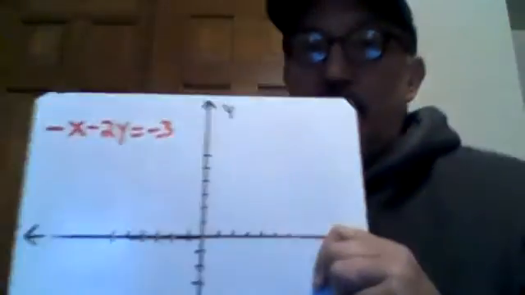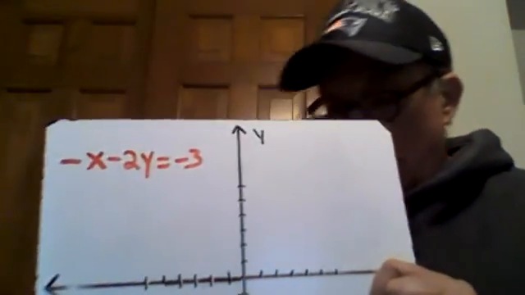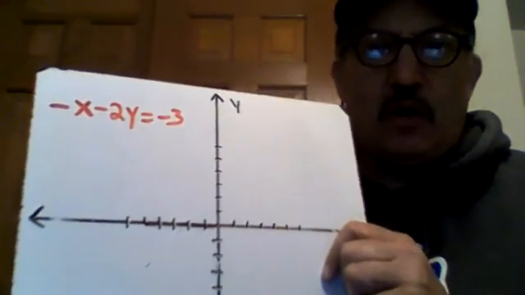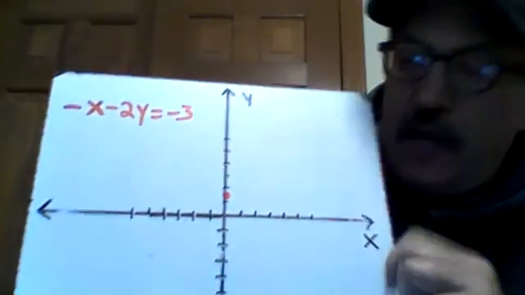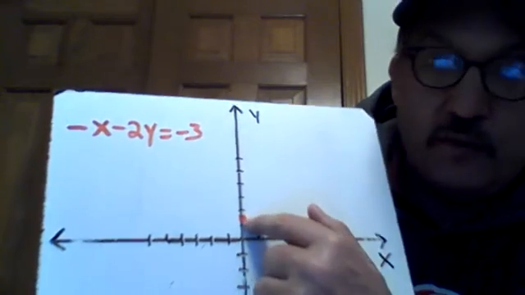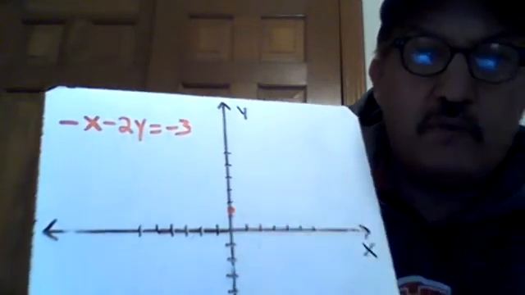Let's look at that graphically now. Here's the same equation. -x minus 2y equals -3. We just determined that one point on this line is 0, 1.5. So I'll put a red dot there, see, halfway between 1 and 2 on the y-axis. The coordinates of this point are 0, 1.5.